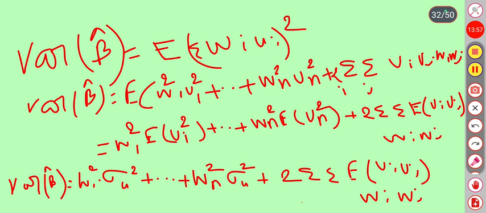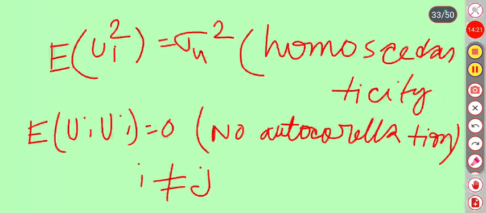That is the property of homoscedasticity. So ultimately we are getting sigma u square into summation wi square. We know that sum of wi square is equal to 1 by summation xi square. So variance of beta hat is equal to sigma u square by sum of xi square.